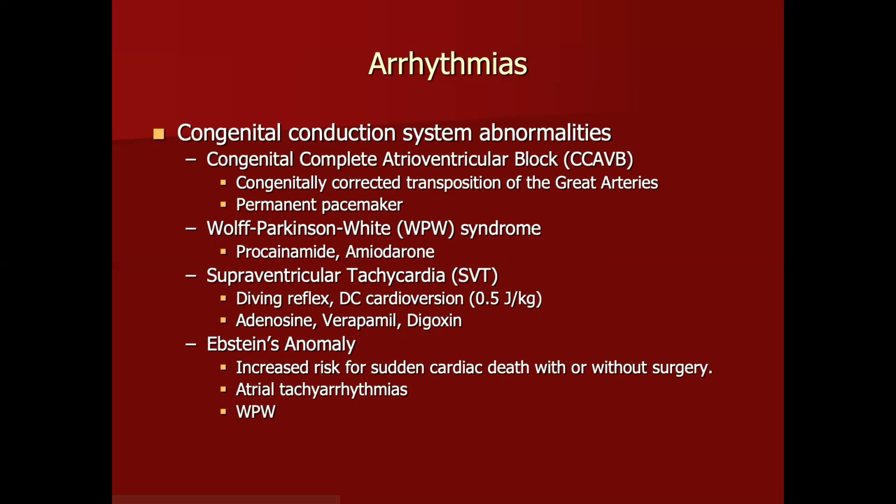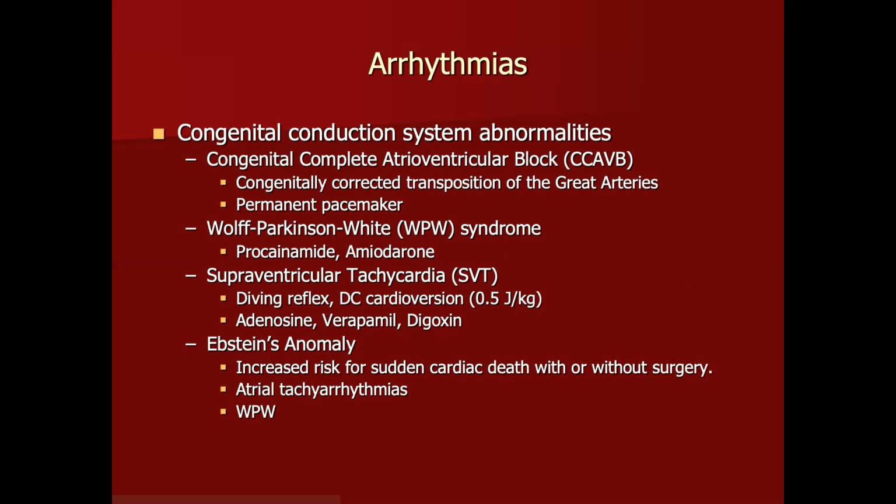Ebstein's anomaly is basically a displacement of the tricuspid valve into the body of the right ventricle. It's the most common congenital malformation of the tricuspid valve and results in a malformed or malfunctioning RV, possibly LV.